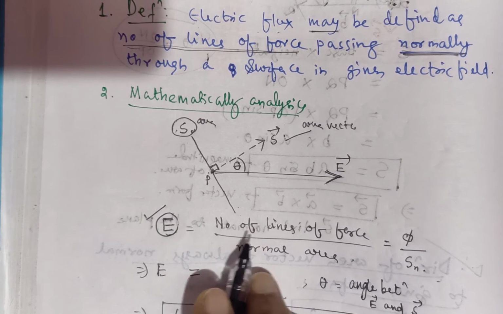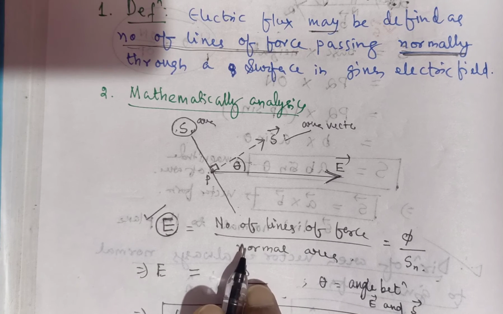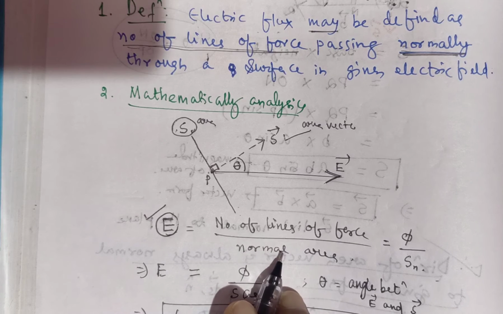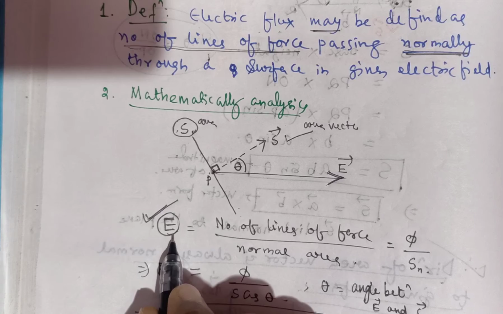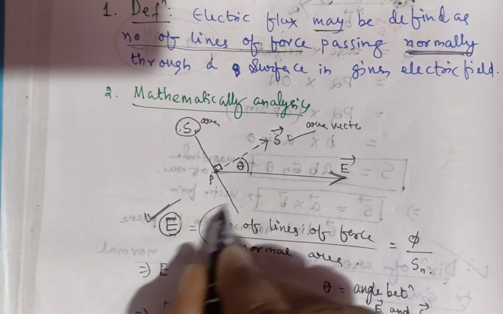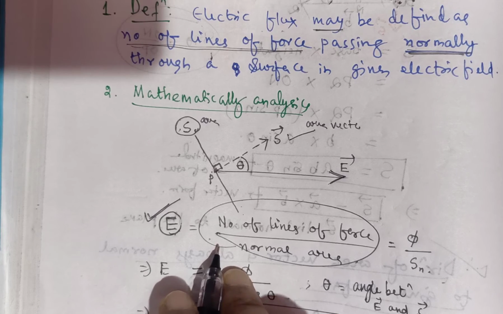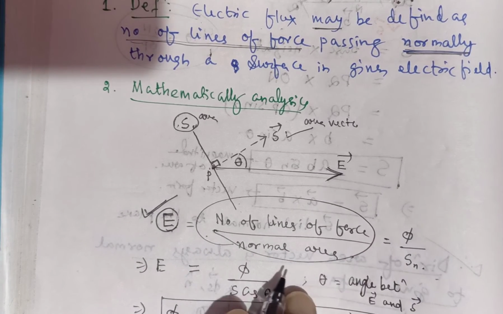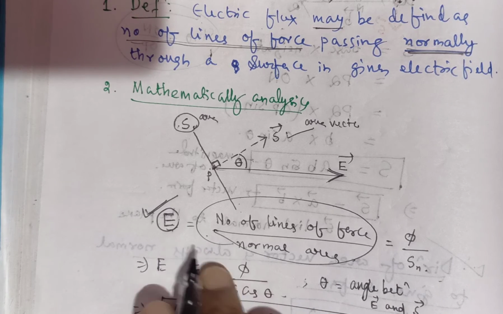The number of lines of force crossing per unit normal area gives the strength of the electric field intensity. So we have recalled that formula. This intensity formula is taken from the definition of lines of force. What is the definition of lines of force? The number of lines of force per unit normal area gives the strength of the electric field intensity.